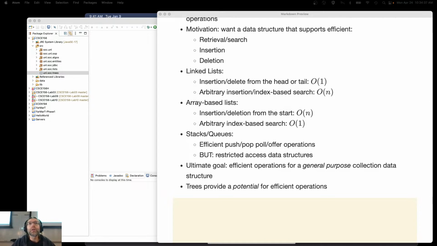So today we're just going to look at the basic terminology and why they offer the potential for this. By the end of the semester, we're still not going to be able to get to what are called balanced binary search trees, that do offer the ultimate goal here of efficient operations, order log n operations for all operations, but we will get really, really close, and then we'll touch on it, of course.